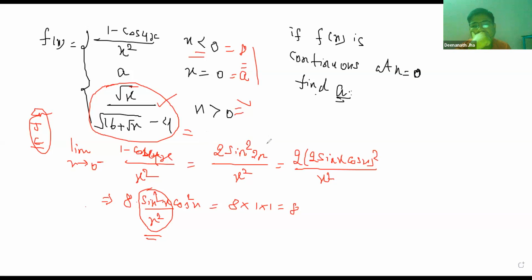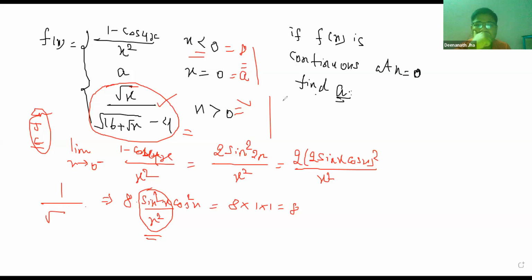You know that when you have a square root, how do you remove the square root? By rationalizing. Yes or no? Yes, sir. So you will rationalize this.